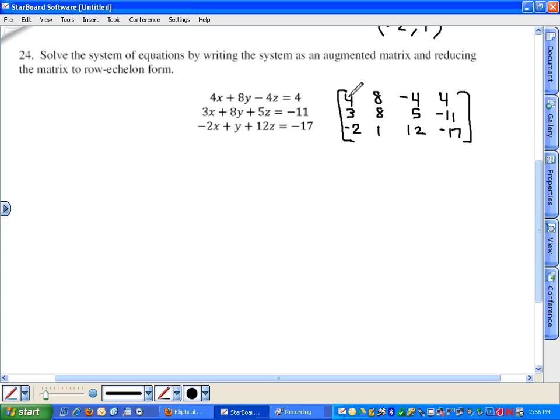In order to reduce this to row echelon form, the leading term of the top row needs to be a 1. So my first operation is going to be to take row 1 and multiply it by 1/4. Essentially that's going to divide row 1 by 4. That's going to become a new row 1. So row 1 is going to be 1, 2, negative 1, 1.